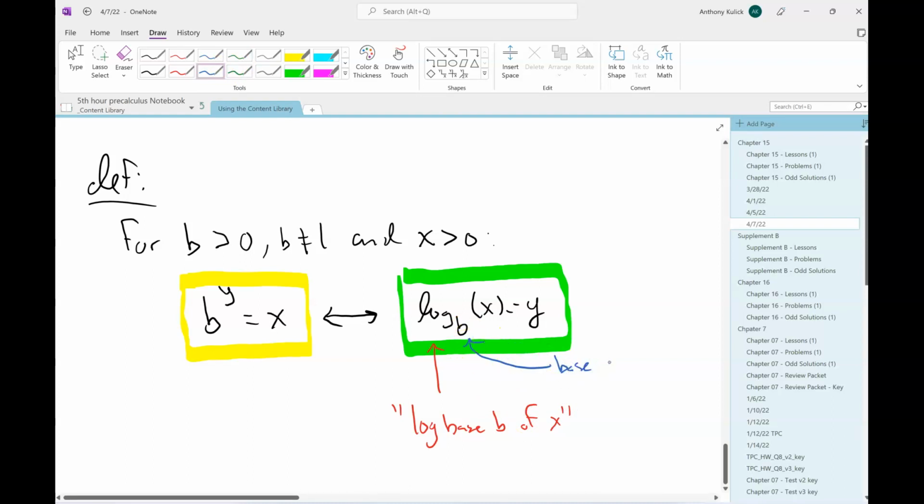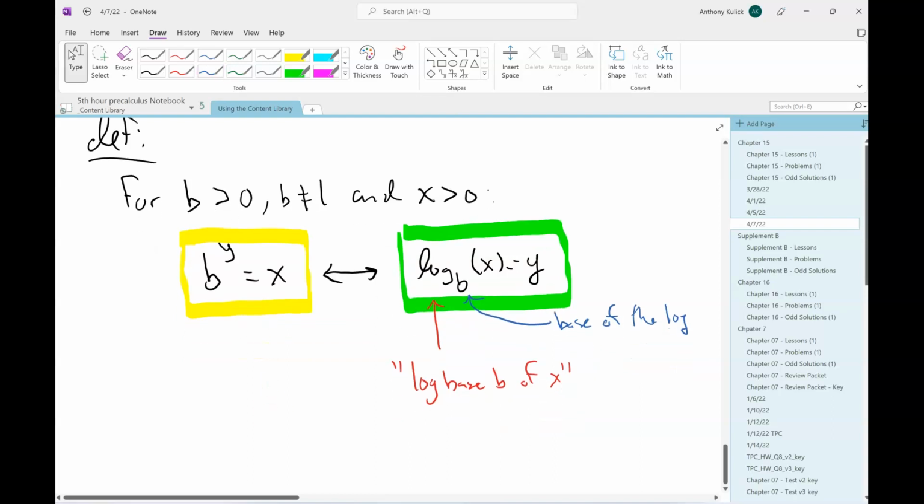We call that subscript b the base of the logarithm. So the other way to think about this is, what's the name of the number that goes in this exponent? It's this log base b of x.